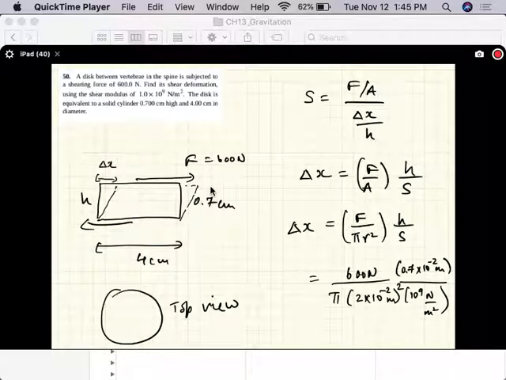So the meter square cancels with that, Newton cancels with that, and this will work out in meters.